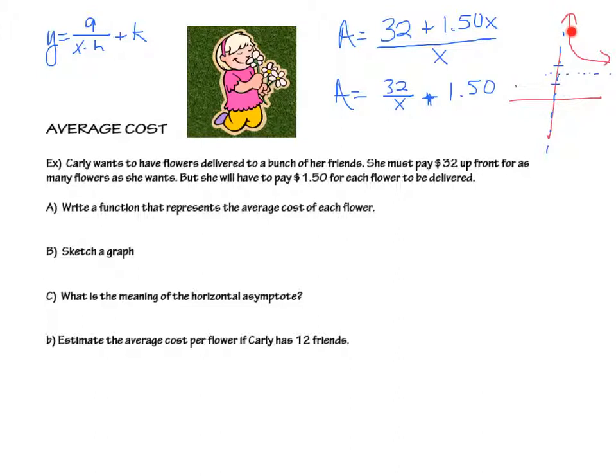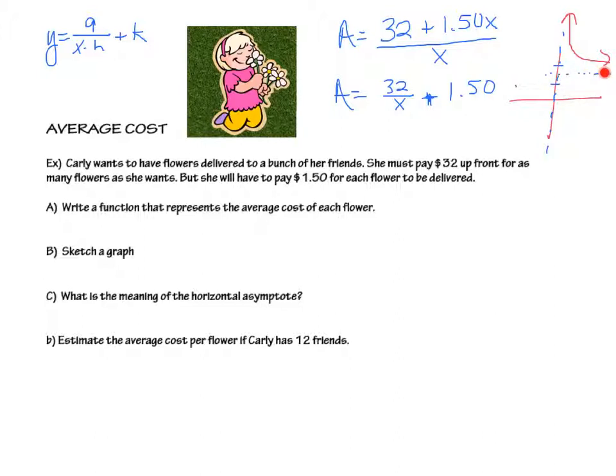So she wants to take advantage of that $32 for all you can have, so that gets split up a lot. So this 1.5 is what your graph is approaching. It's what your average cost approaches. So as she gets more and more flowers, the average cost for each one of those gets closer and closer to being just $1.50.